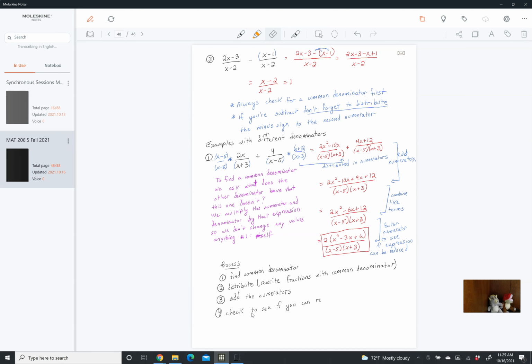Your denominator is already factored, so you only have to factor the numerator.